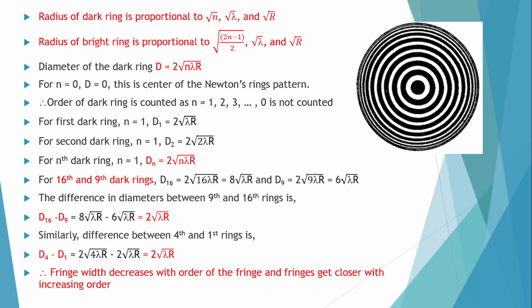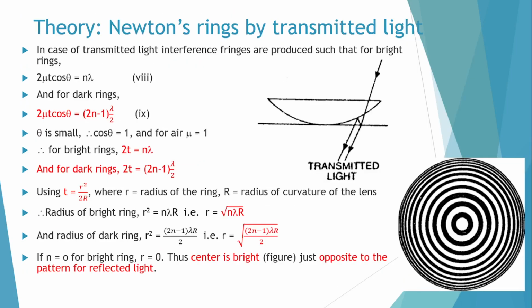Now how interference in the thin film is produced is shown in the first figure. You will find that from the lower surface of the convex lens, the ray is reflected and transmitted, and one ray is transmitted from the upper surface of the glass plate, and interference is produced in this way between the transmitted light.